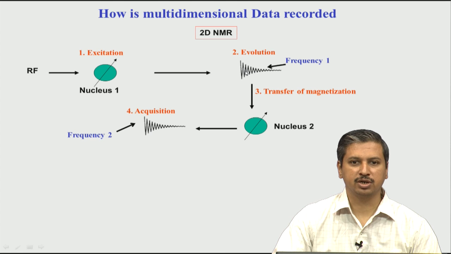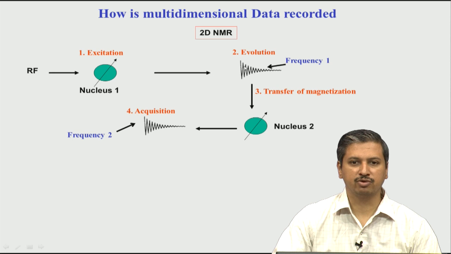Now, what has happened is that when this is evolving, the intensity of this evolution at whatever time it transfers to this, that is captured in this FID. So, this FID, although it has only the oscillations of nucleus 2, also has the information of nucleus 1, because when nucleus 1 was evolving, during that period it had transferred magnetization to nucleus 2.